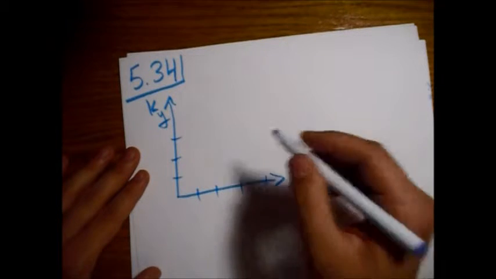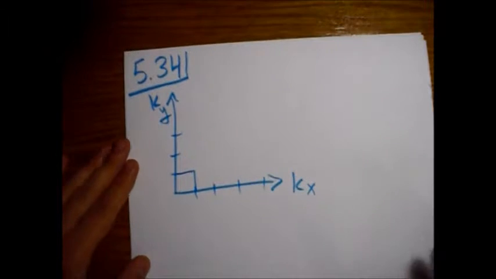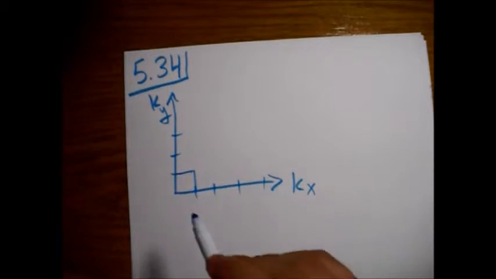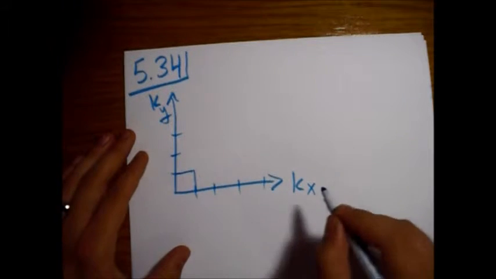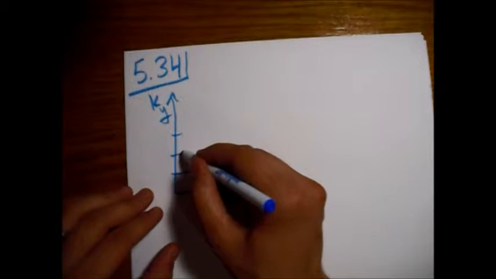And there, instead of one cube per state, or 2 states if you count spin, there's just going to be a square. So they'll kind of fill up like this.